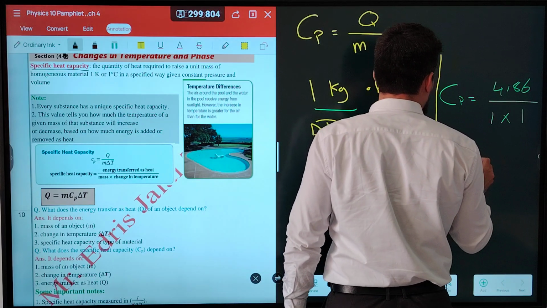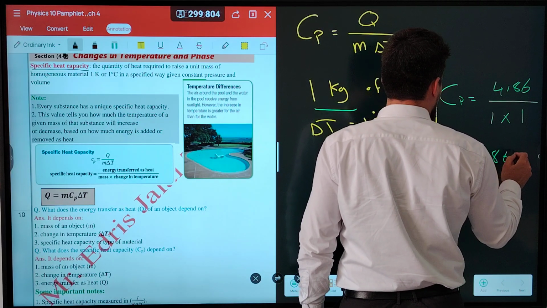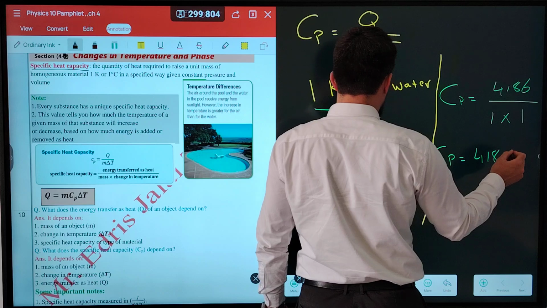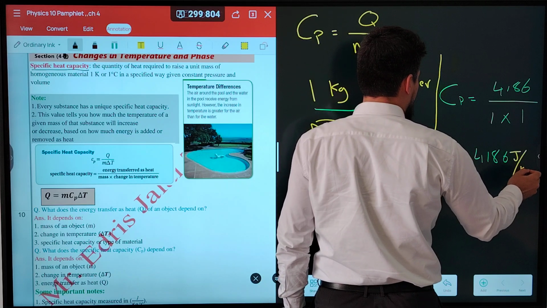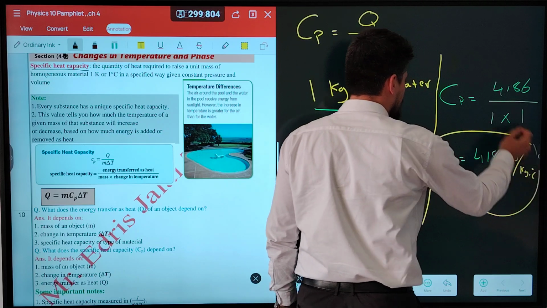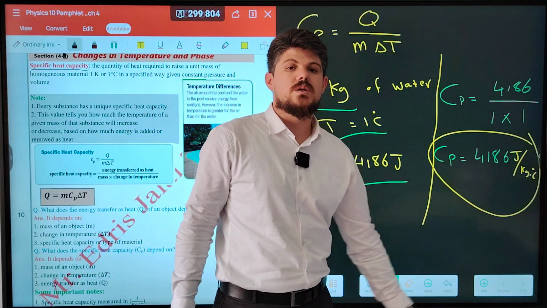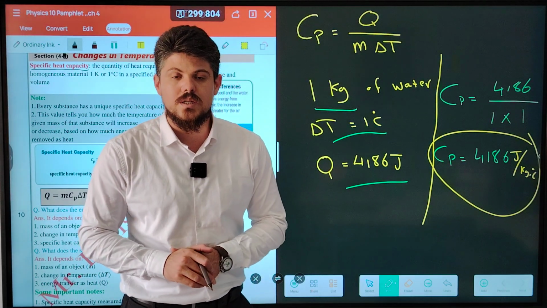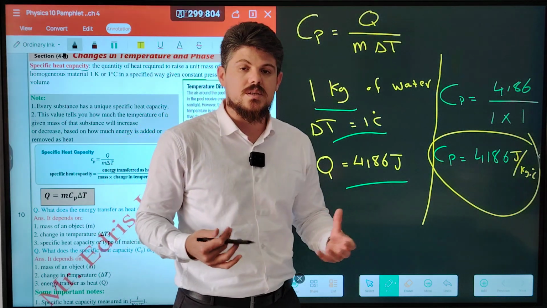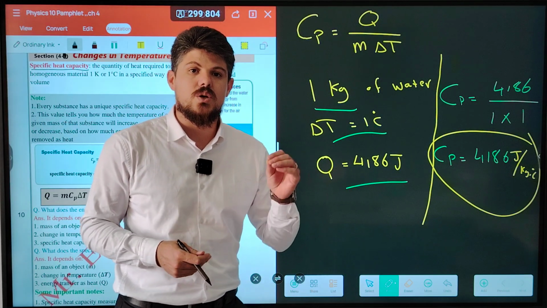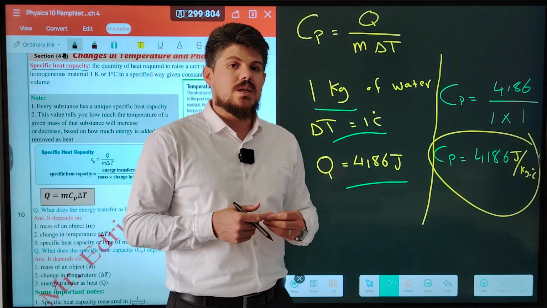So Cp is equal to 4,186. Its unit is joule per kilogram Celsius. This is very important, and you have to keep in mind that Cp is equal to 4,186 joule per kilogram Celsius. This is the specific heat capacity of water.